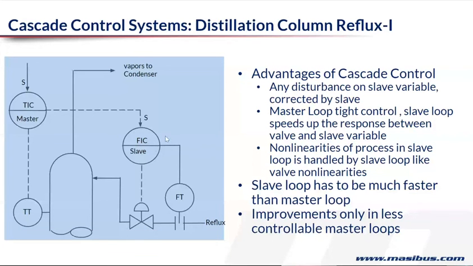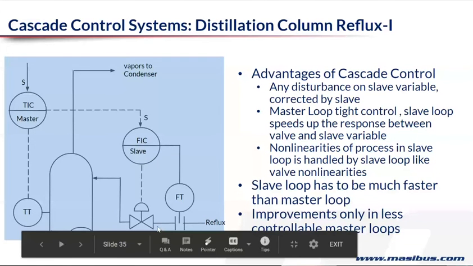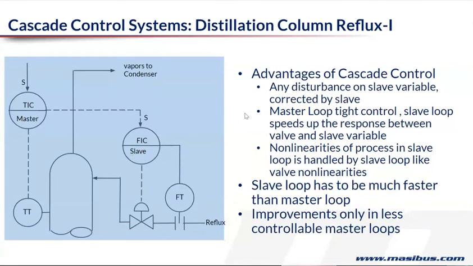Because the whole philosophy, or the logic, is the slave has to be faster, and that is why it takes care of the disturbance on the input side and doesn't allow the master parameter to be disturbed. Clear?